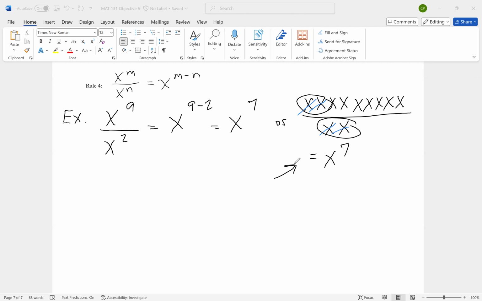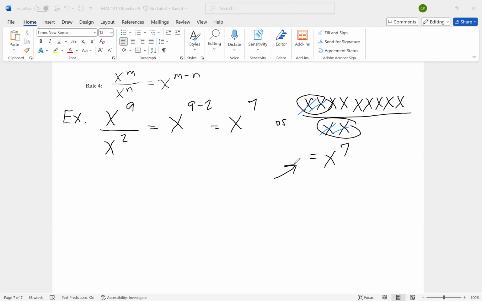For some of you, thinking of it in a more logical way, like if we got 9 in the top and 2 in the bottom, we can get rid of 2 from the top and bottom, and we'll just be left with 7 in the top, okay? For some of y'all, that will make more sense and be easier. Definitely when we get to rule number 6, okay?